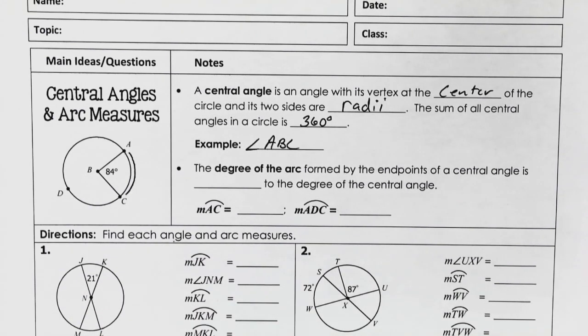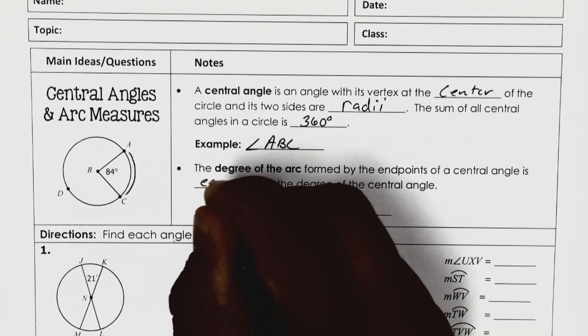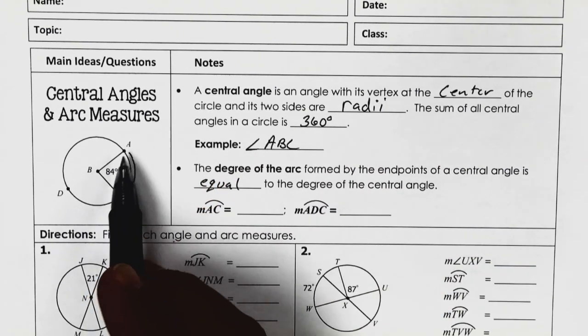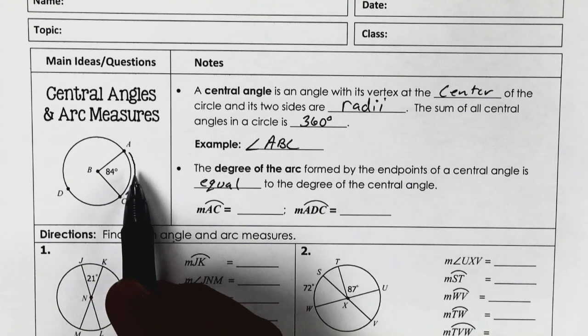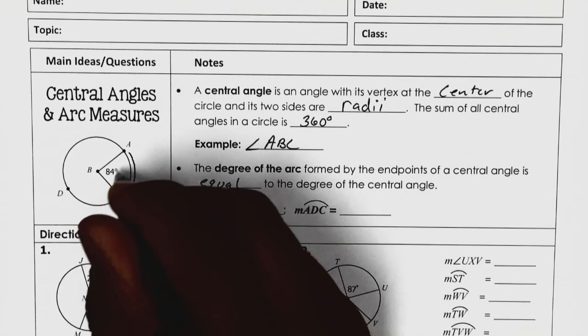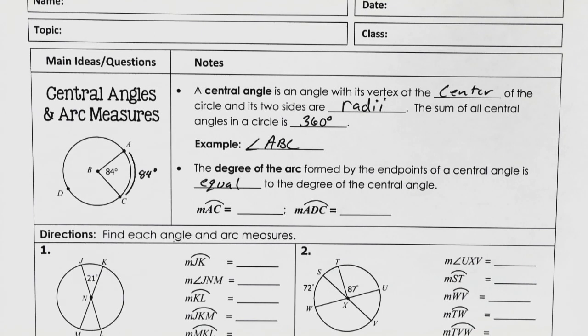The degree of the arc formed by the endpoints of a central angle is equal to the degree of the central angle. So what that means is that if this central angle is 84 degrees, then the arc is also equal to 84 degrees.